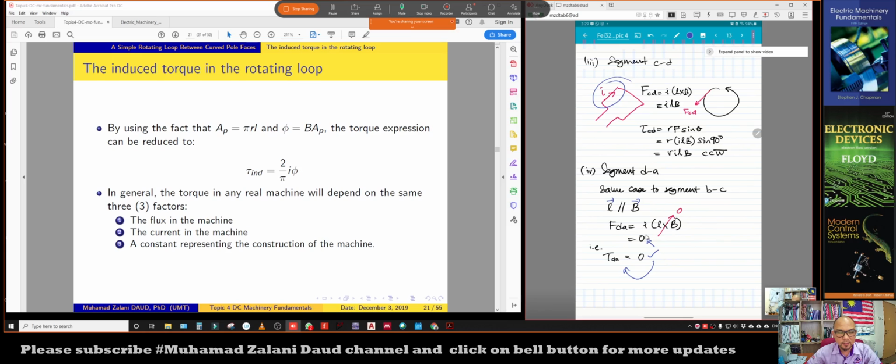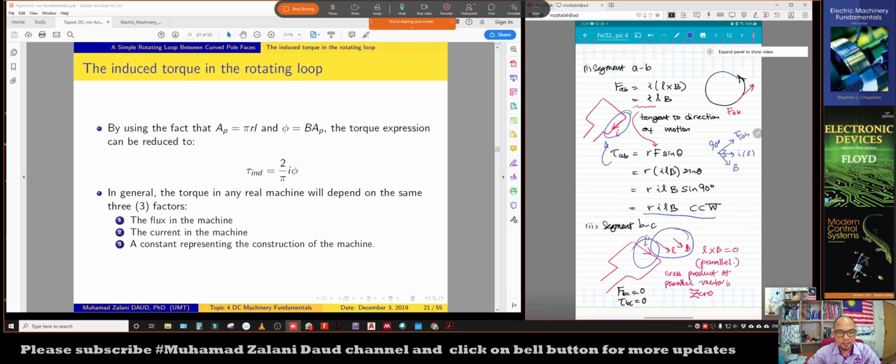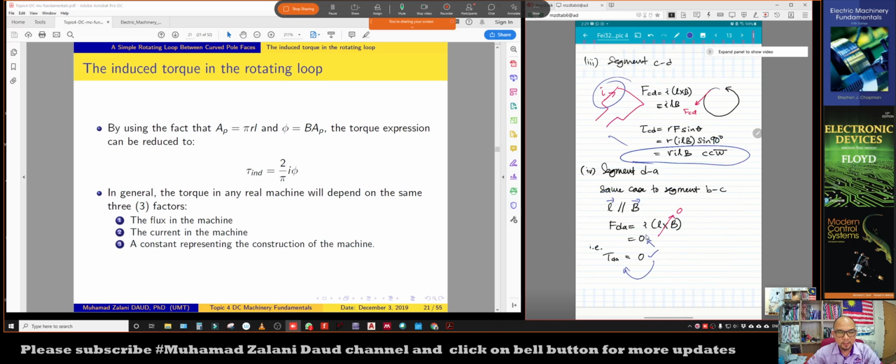So now we can sum up all of the torque. This is the torque induced at segment AB, and this is the torque induced at segment CD.